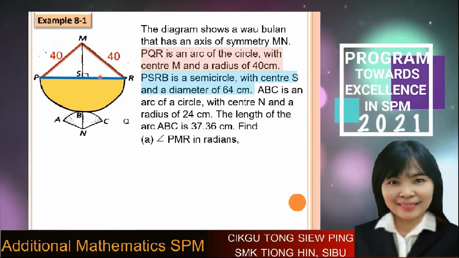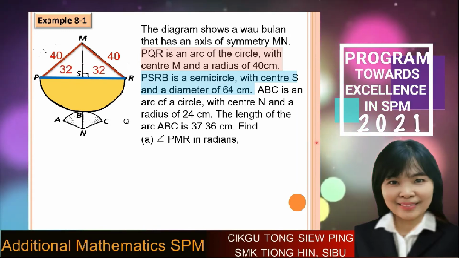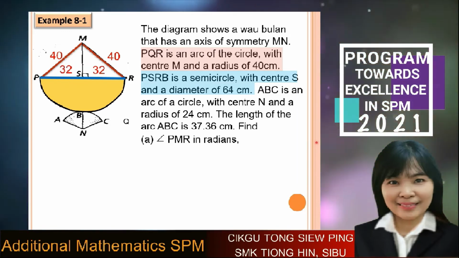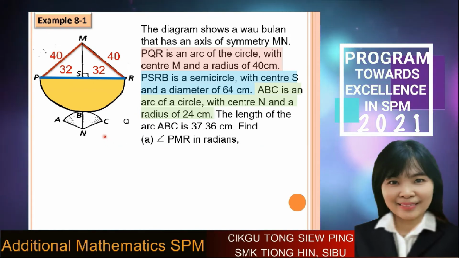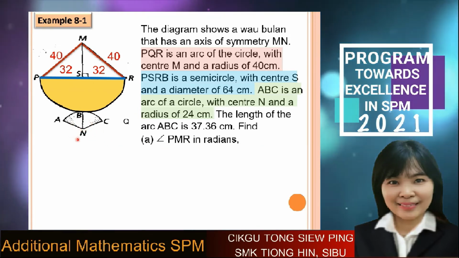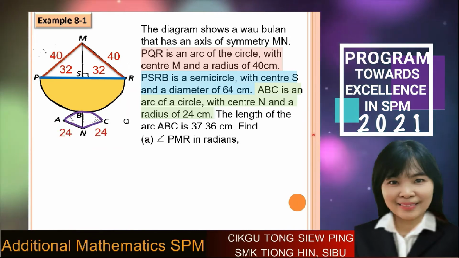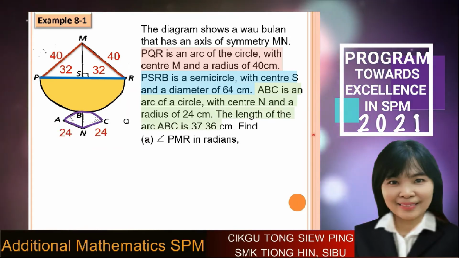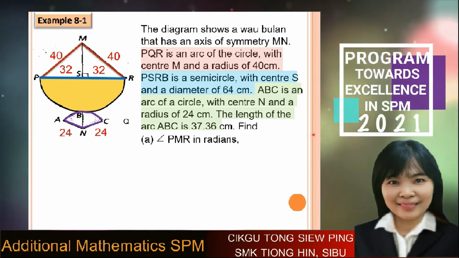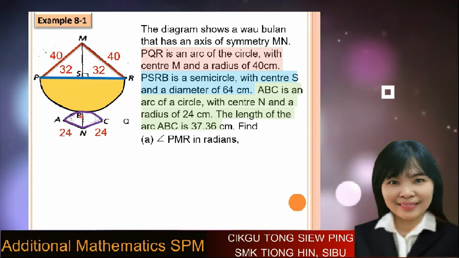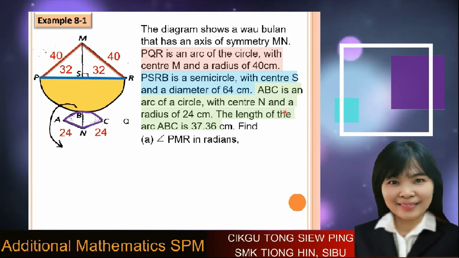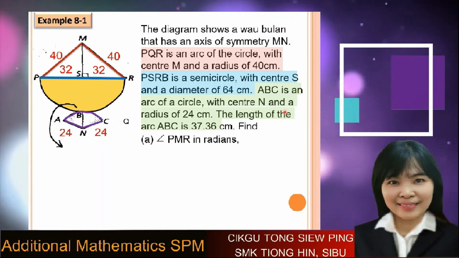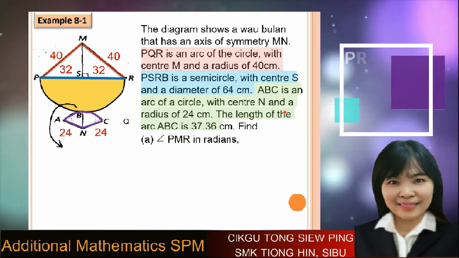So the radius is equal to 32. ABC is an arc of the circle with the center N, here, and the radius of 24. The length of the arc ABC is 37.36 cm. So find A, the angle of PMR in radian.